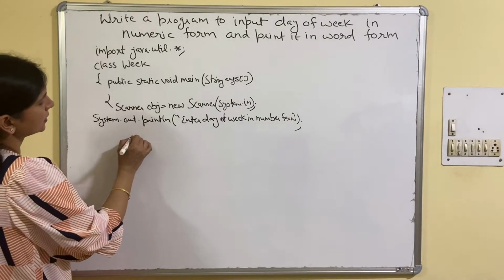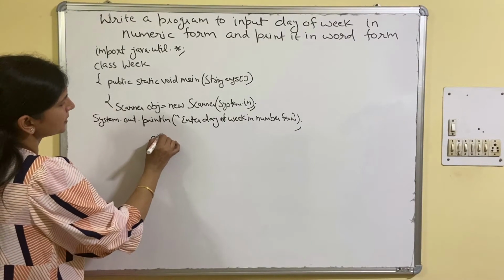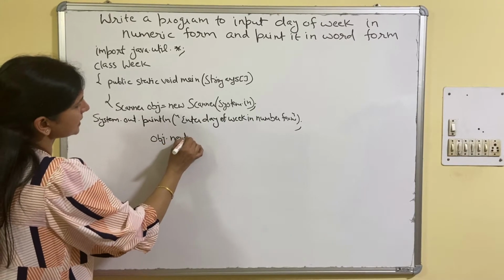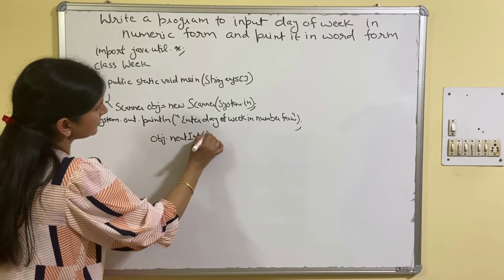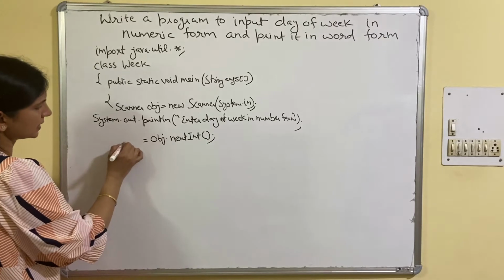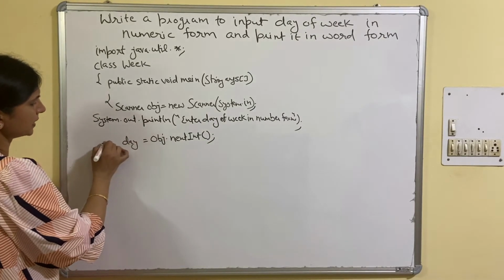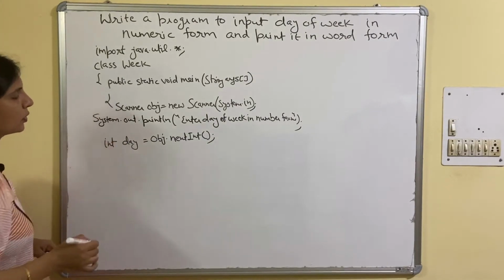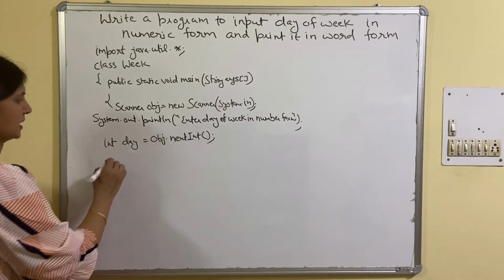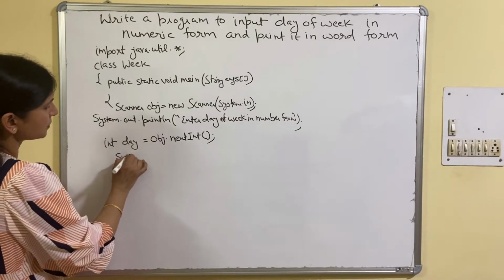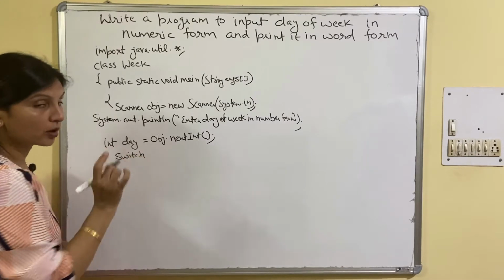Then we will use the function obj.nextInt, because we have entered an integer. You can use day or d, any variable you can use, that will be of int type. Then we will start the switch block by writing switch in small case.